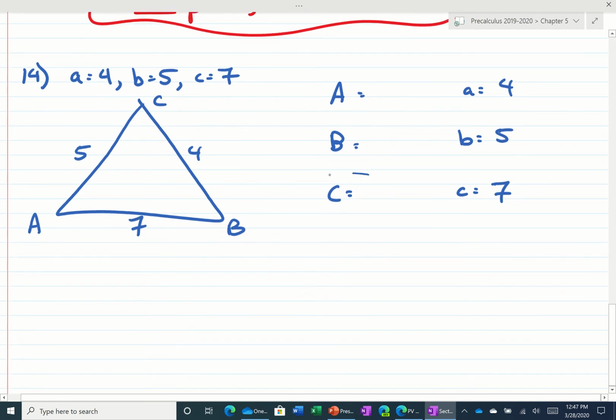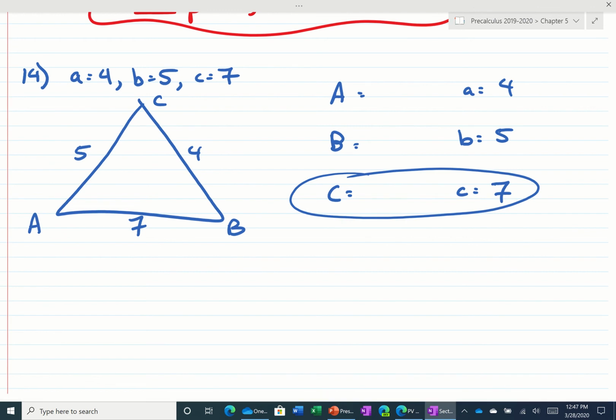What we are going to do is find angle C first, because the largest side is 7, so the largest angle has to be C. So let's go ahead and do this.